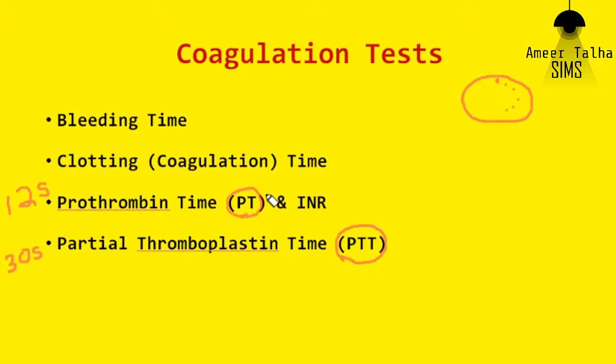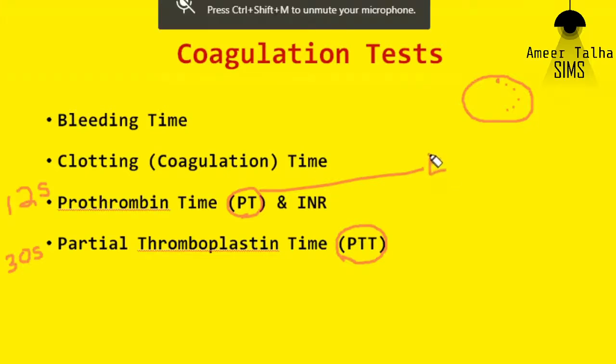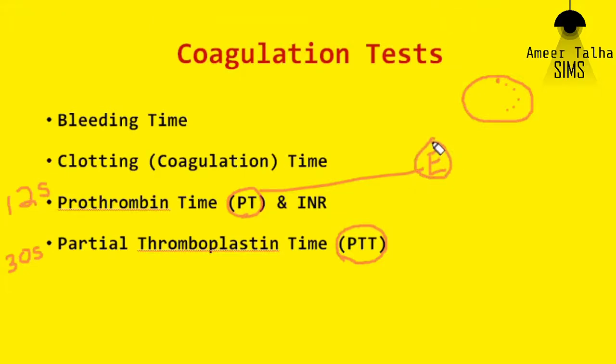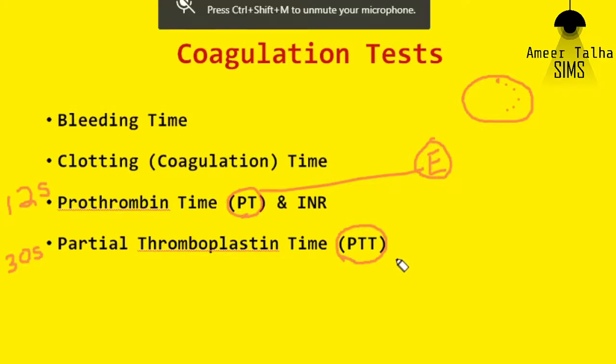Why do we determine prothrombin time and partial thromboplastin time? These are sort of clotting time tests. Prothrombin time depicts the extrinsic pathway. We have discussed it already. All the clotting factors that are present in the extrinsic pathway will be checked. And partial thromboplastin time, sometimes known as activated partial thromboplastin time, APTT.